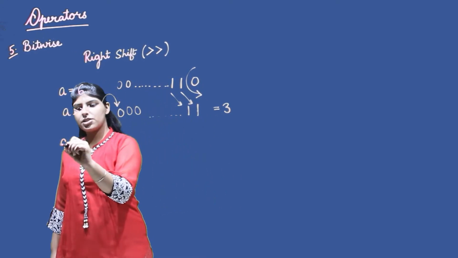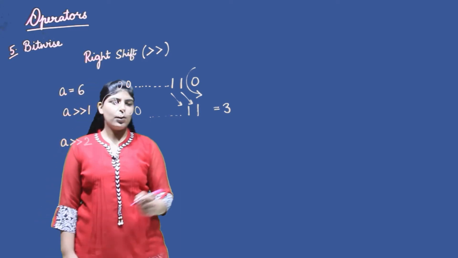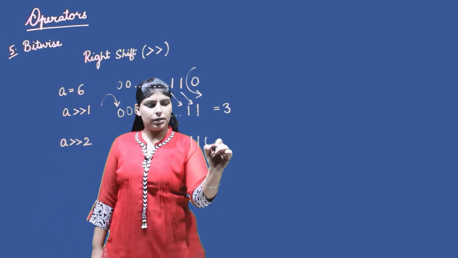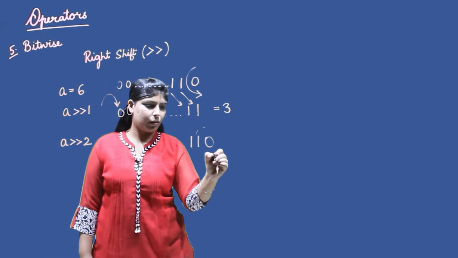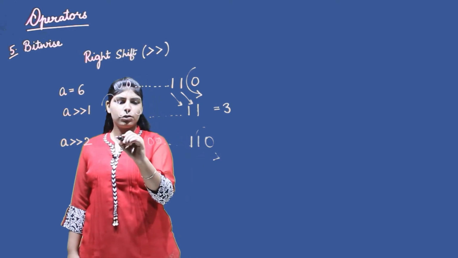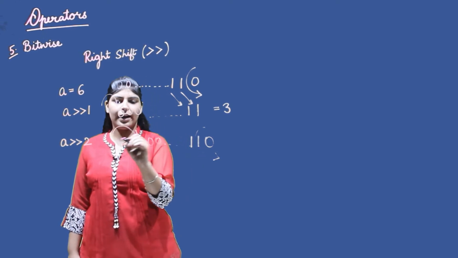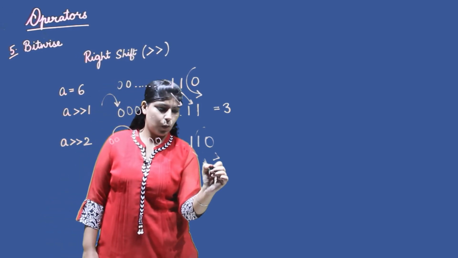If I write shift A by 2, now what happens is the rightmost 2 bits are removed. So this 1, 0 are removed, and 2 more zeros are added to the left end. So this becomes 1, 0, 0.